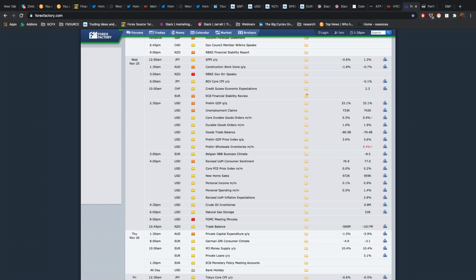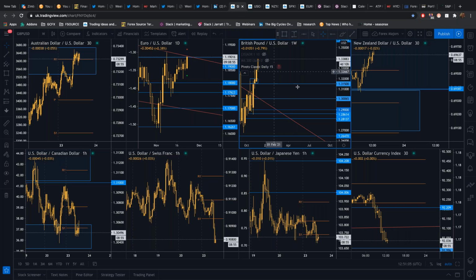The way it might impact gold indirectly is if there's a Brexit deal, we may see a lot of pound strength, and a lot of pound strength might move the US dollar lower, which can give gold a little bit of an uplift.